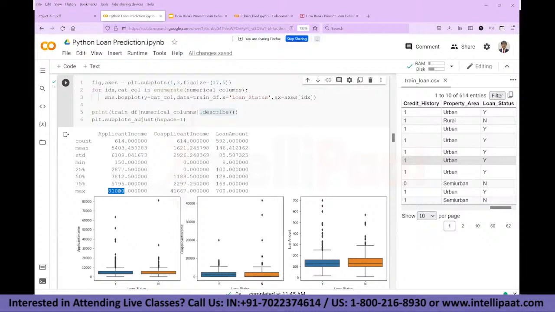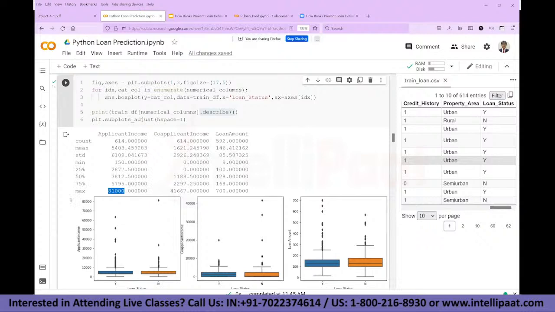In those scenarios, do you think the mean is the better way to look at it? Because looking at the mean may give you a biased result, right? I'm getting a mean of 5,400, but that mean is being biased by the maximum income, because the mean includes all the incomes. When you take the maximum income along with all the other incomes, the overall mean income increases.